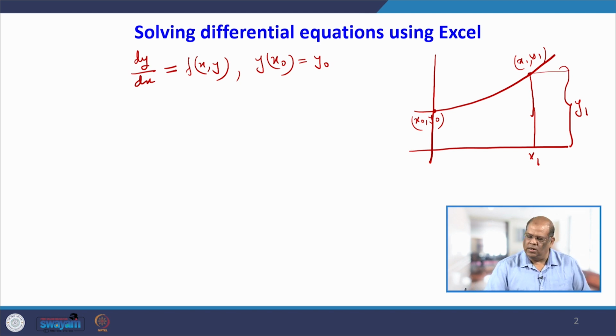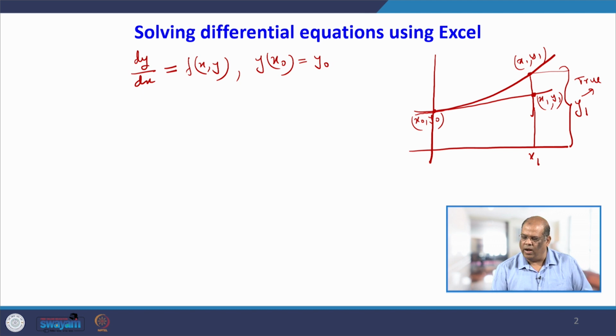Now, what we do is we draw a tangent from here where it intersects this point. So, this is our approximate y1. Your x1 remains the same, but you get an approximate y1. So, you calculate the slope at this point. So, if I write this as x1, y1, this is the true y1 and this is the approximate y1.